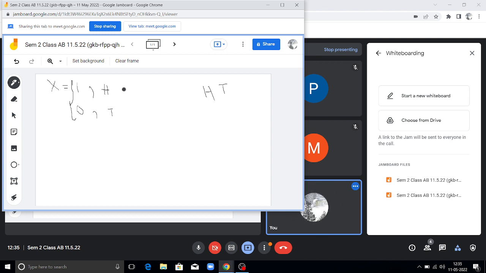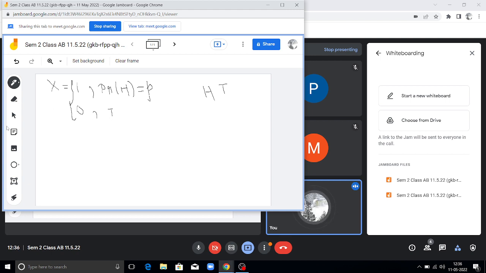So suppose p is the probability of getting a head. Let us write that: the probability of getting the head is small p. Then what is the probability of getting the tail?